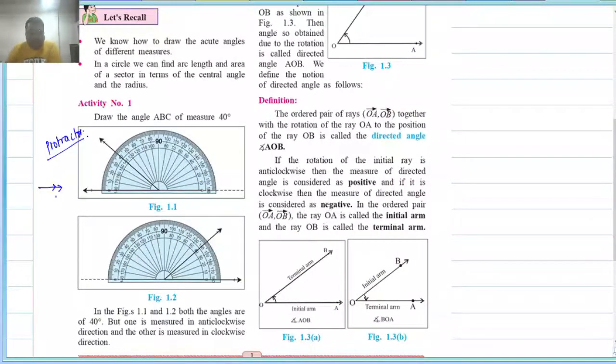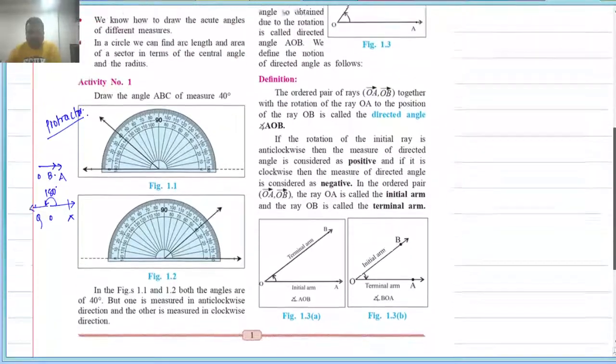Okay, like angle AOB, this is 0 degrees, and you have an angle like this, angle XOQ, say, which is of 180 degrees. So using a protractor, you can draw an angle from 0 degrees to 180 degrees.